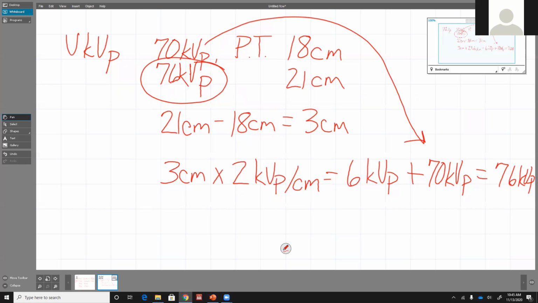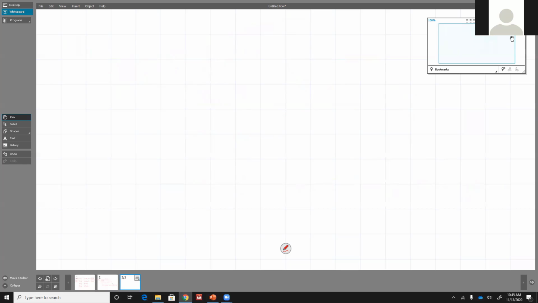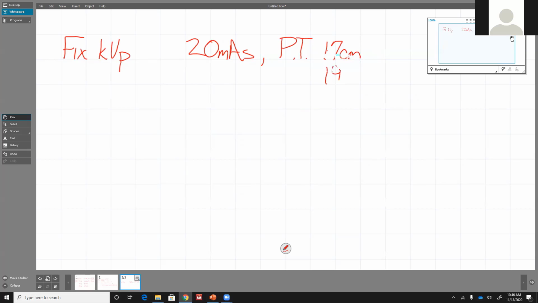Okay, so you want variable? I mean, fixed. Okay, so we have 20 mAs and part thickness of 17 cm. Patient comes back, they have a part thickness of 19 cm.